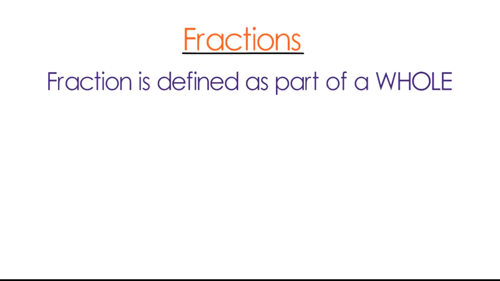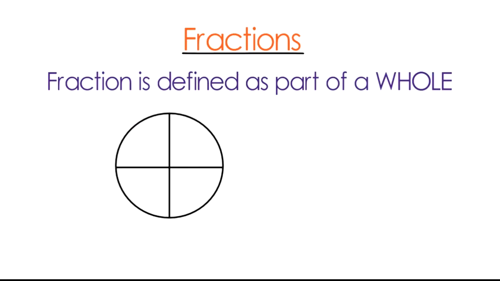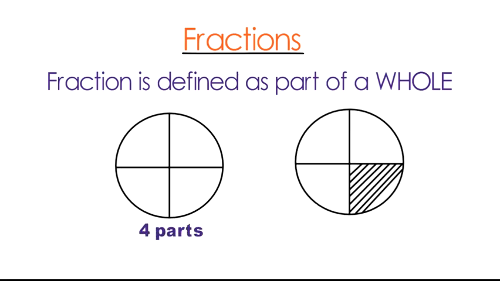So, what is fraction? A fraction is defined as a part of a whole. Consider the diagram of a circle below. The circle is divided into 4 parts. Also, consider the second diagram of a circle.